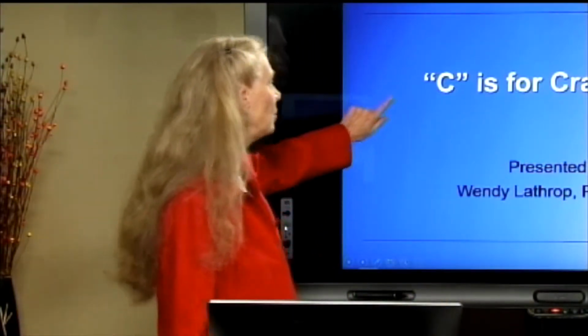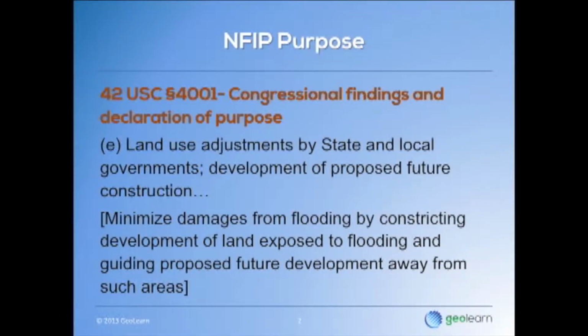So we're going to start by looking at the purposes of the National Flood Insurance Program. This is defined by the statutes that enabled the program in the first place. The creation of the program was in Title 42 of the United States Code, Section 4001, which defines what the purposes of the program are according to Congress's ideas back in 1968.